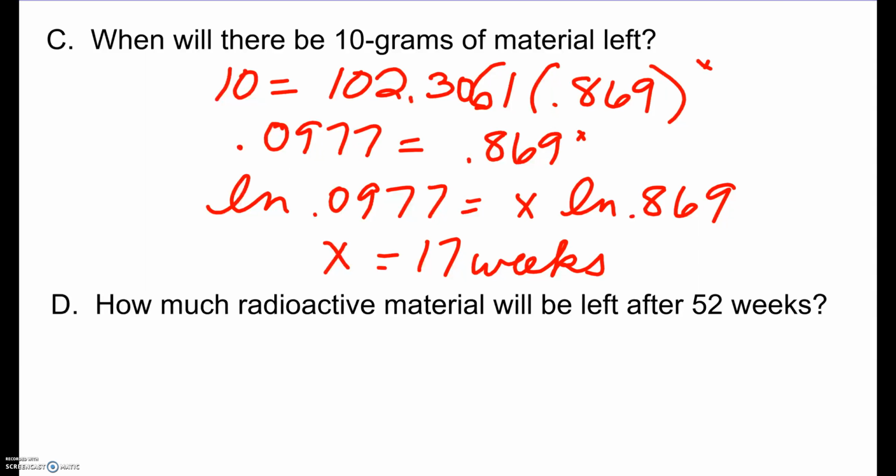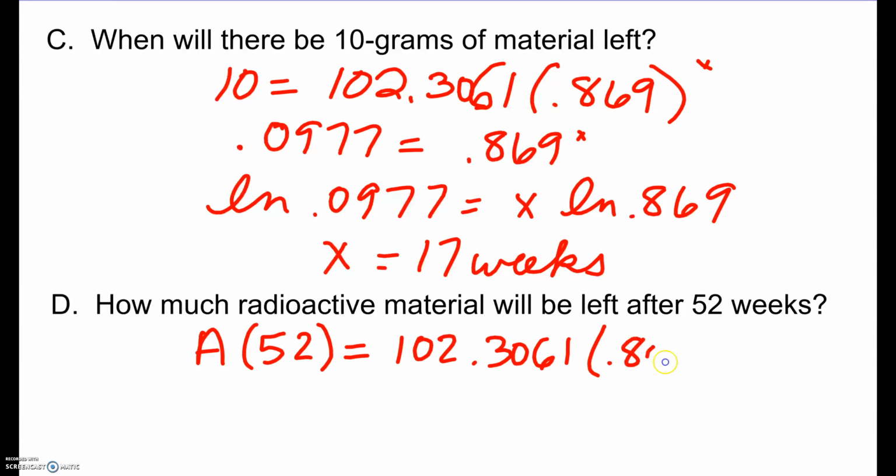And last question, how much radioactive material will be left after 52 weeks? So there you're looking for what is a at x equals 52. This one's easier because you just take the 102.3061 times the 0.869, raised to the 52nd power.